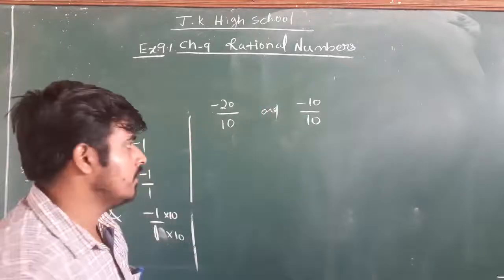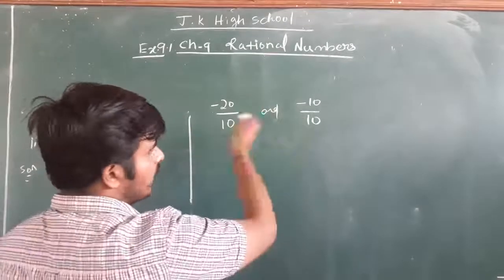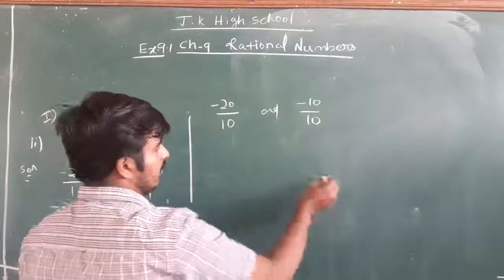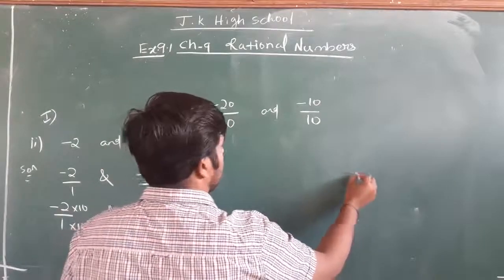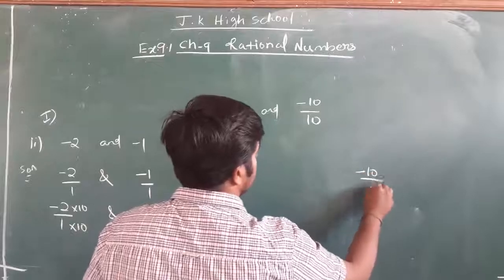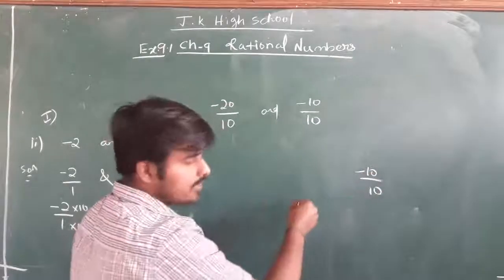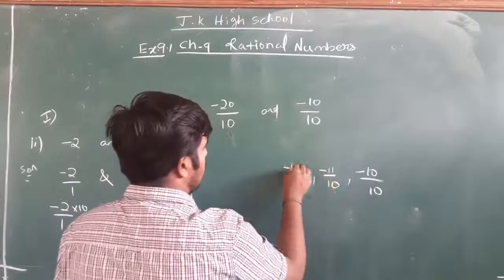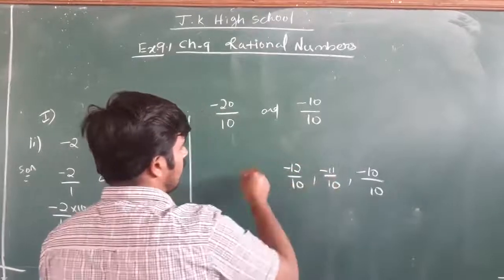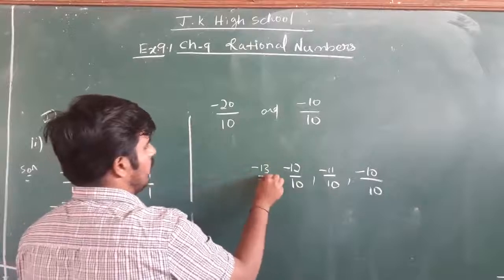Now you write. How you are going to write? From minus 10 to minus 20. Minus 10 by 10. Next number is minus 11 by 10. Minus 12 by 10. Then minus 13 by 10.